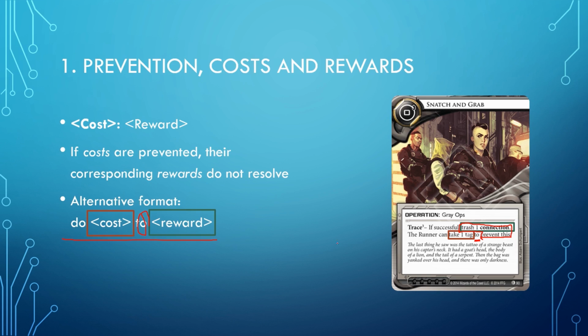So if you prevent the cost of taking a tag, the trashing of the connection does not resolve. Very complicated. I'm sorry if I confuse you there.